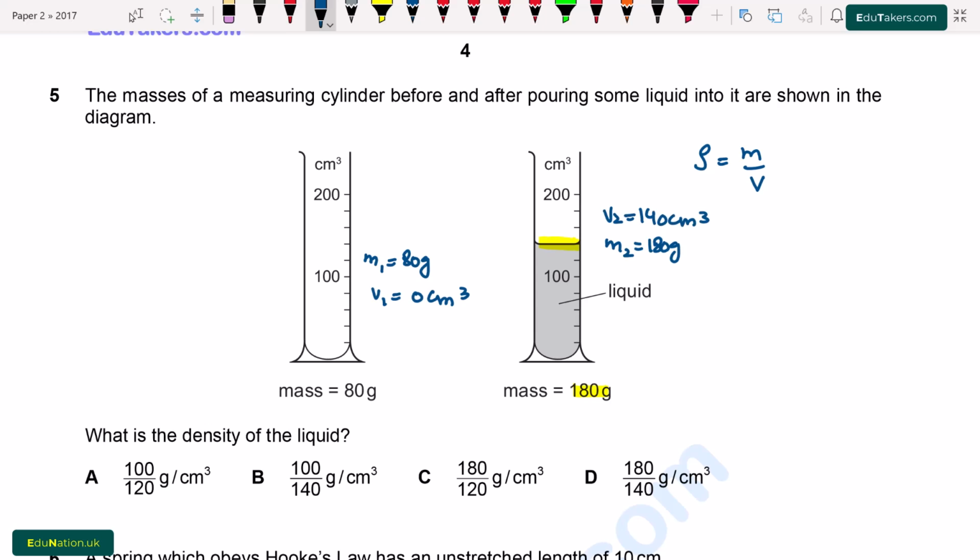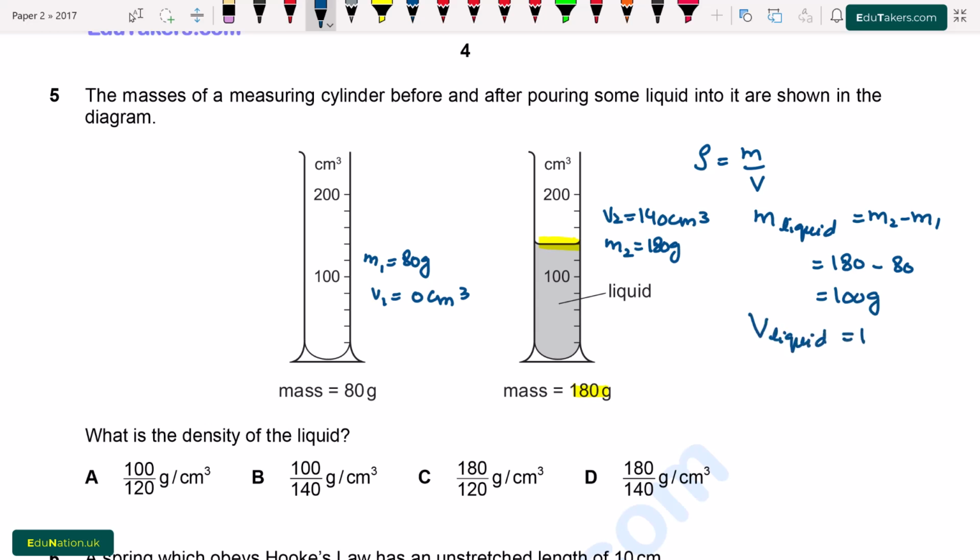We have to find out the density of liquid only. So I write here mass of liquid, it will be equal to M2 minus M1, 180 minus 80 gram, which is equal to 100 gram. Next, we also have to find out the volume of the liquid.